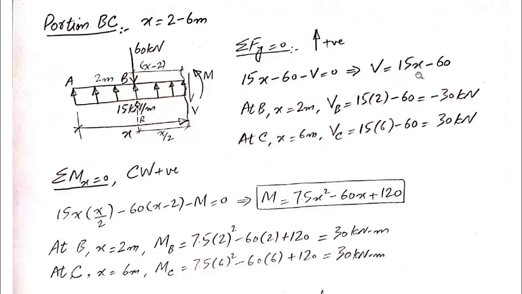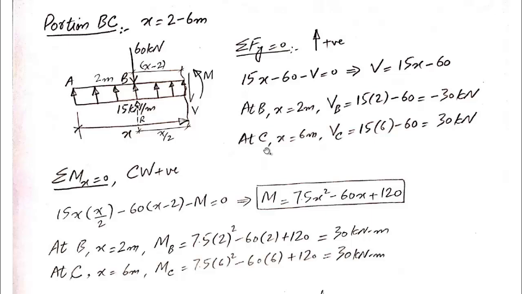X is present in the equation, which indicates that shear force is varying along the length of the portion. So we will plug in the values of the two extreme points of this portion and the value of x, and then we will get the value of shear force for these 2 points. So at B, x is equal to 2 meters, and we'll put it in the equation of shear, and we'll get the value of shear V_B for point B, and it comes out to be minus 30 kilonewton.